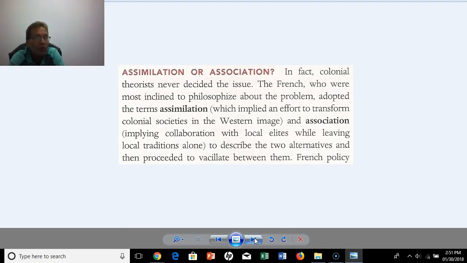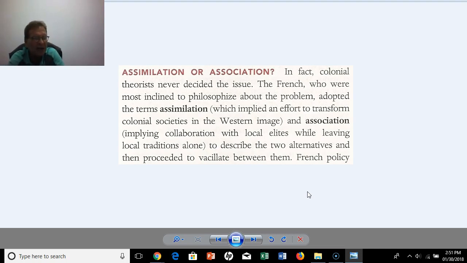But before we go any further, something I neglected to talk about in part 1, just briefly mentioned it, I think, was this idea of assimilation or association. And the colonialists, both English and French, struggled with this policy. The French were inclined to use assimilation, which implied an effort to transform colonial societies in their own image.